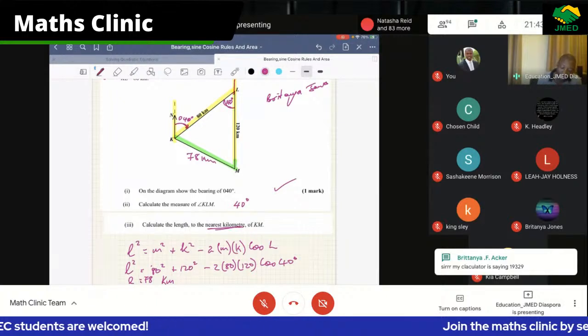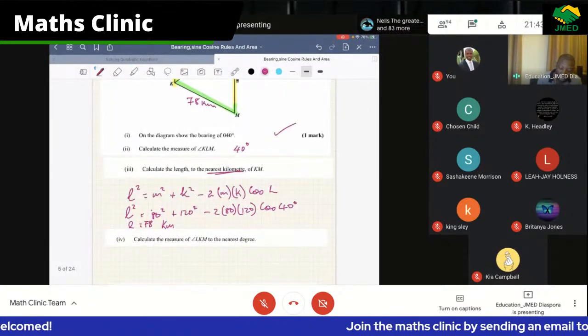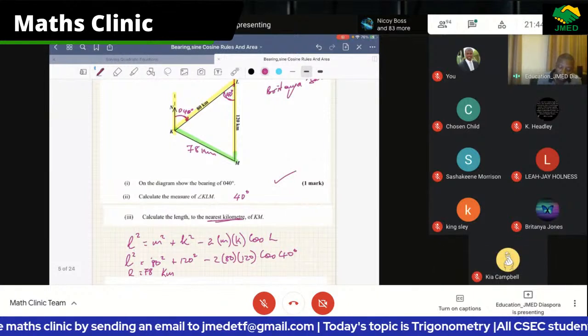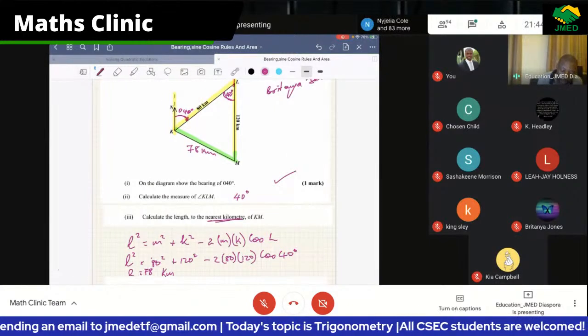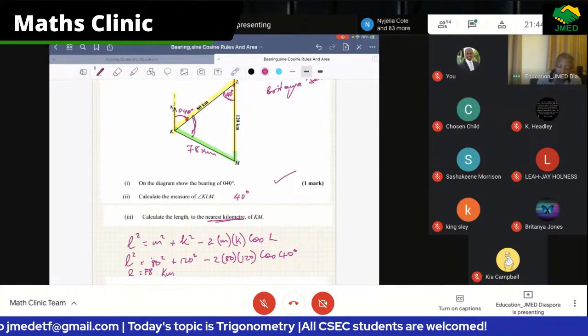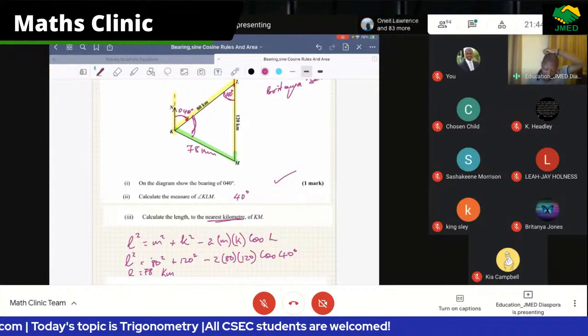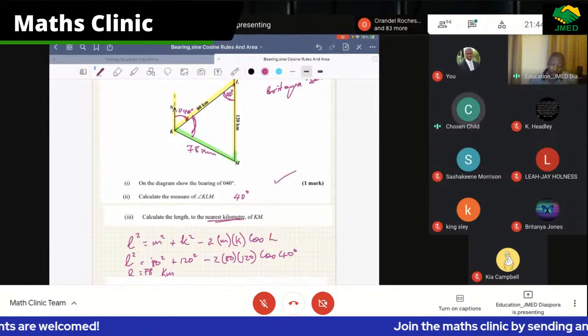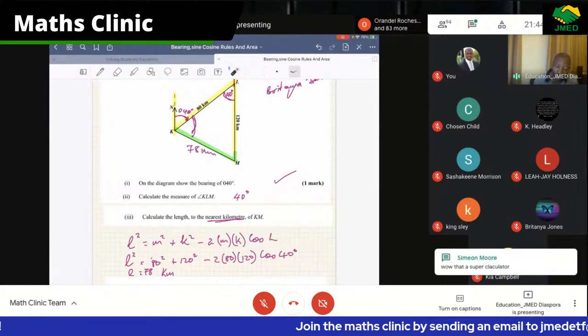And then the final part says calculate the measure of angle LKM. So we want to find this angle here. So now, you remember what Dr. Barker says to us? That we need a pair. In this case, we're given a pair.